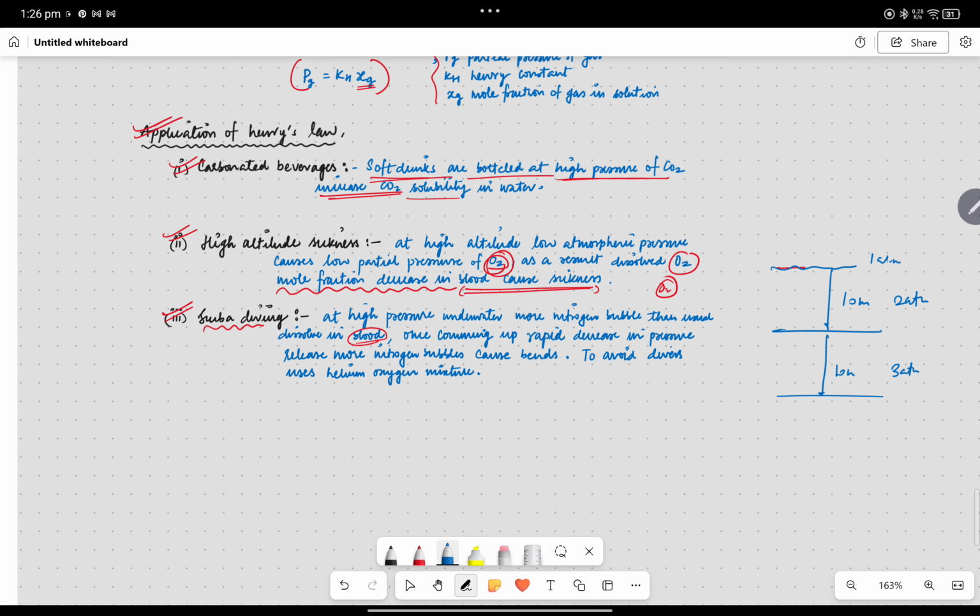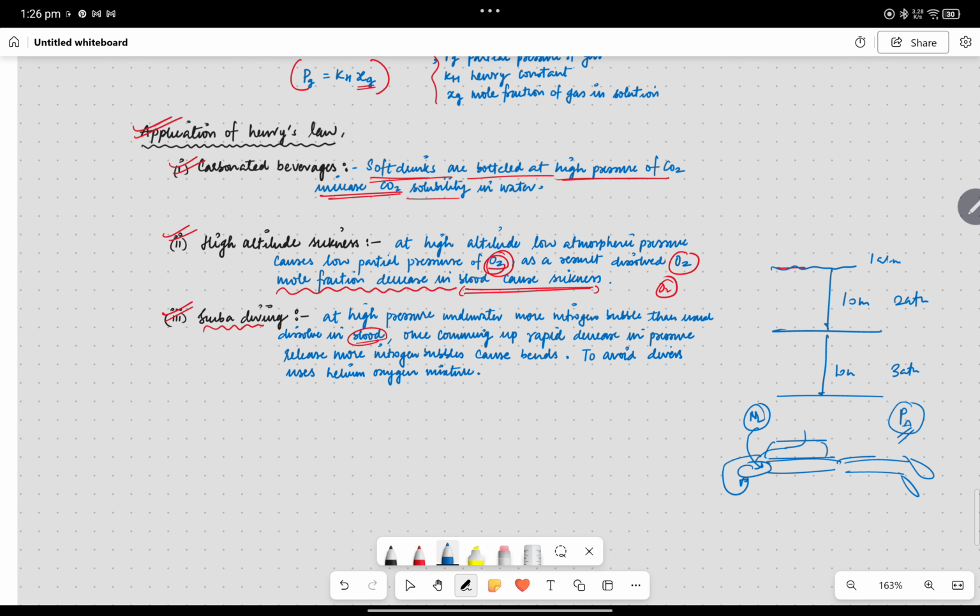So that's how the pressure increases as you go down in water. With that, the partial pressure of the gas that scuba divers keep in their cylinder also increases. That's why the mole fraction of nitrogen gas starts dissolving in larger amounts in the blood of the scuba divers.